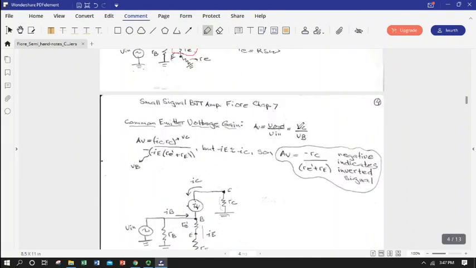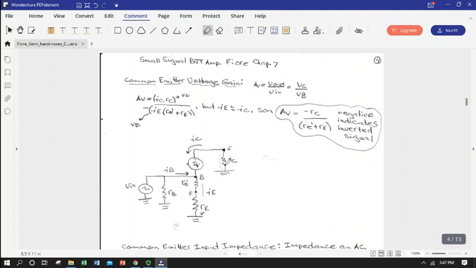So V out over V in is the same as the AC voltage at the collector divided by the AC voltage at the base. Okay, so let's go ahead and use Ohm's law to calculate what that is in terms of collector emitter currents and resistors in our AC model. Very similar to what we did with biasing in DC.